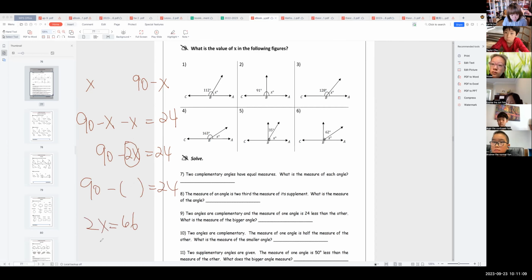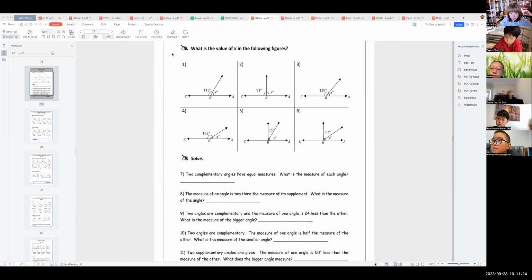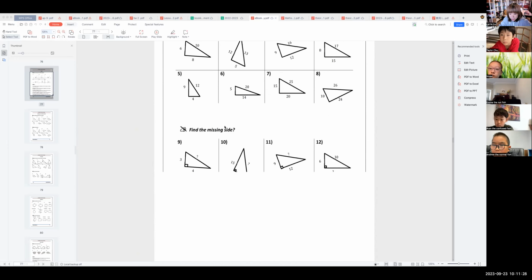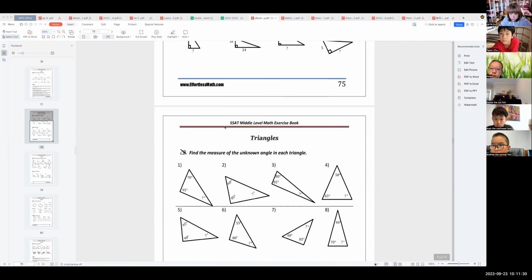Very good. So 2x equals 66. X equals what? 33. Very good. 33. Understand? Okay, so everybody understand? So when we're doing those questions, just step by step, one by one. There's nothing hard at all. Just a little by little.